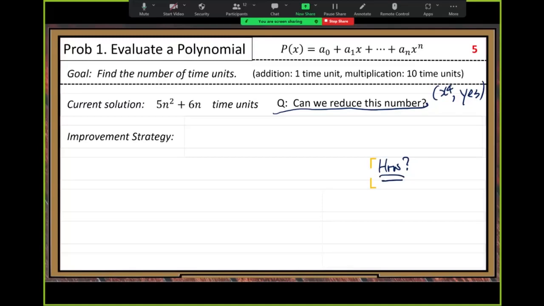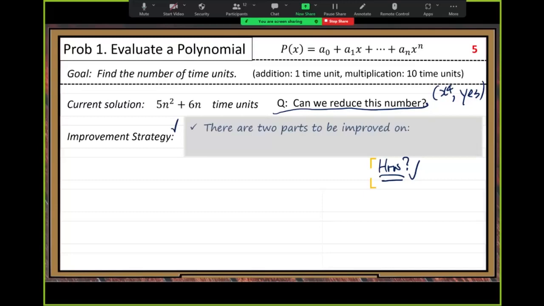On this how, we have a new problem to solve, so we need to use a different problem solving strategy. Here, some improvement strategy needs to be considered.